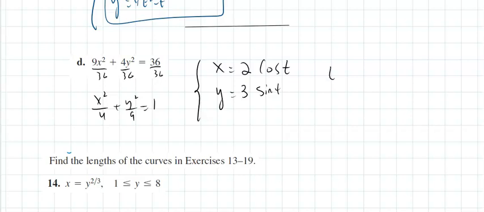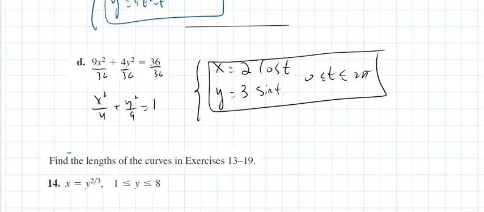And again, they didn't specify. I could make that between 0 and 2 pi, and that will trace one ellipse for me. And if I wanted to write that as a vector, again, not required for this course, but required by the next class, it would look like this. Again, that's not for our course.